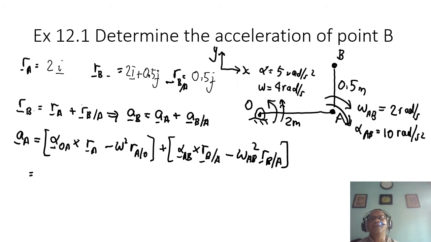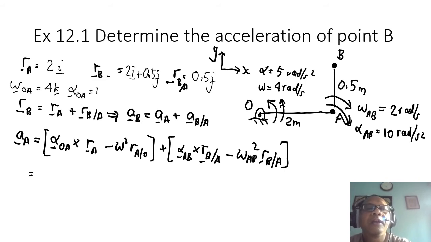So currently the counterclockwise are the positive ones. So we can write now, omega OA is 4k radian per second. I don't have to write the unit, just leave some space here. Alpha OA is 5k radian per second square.